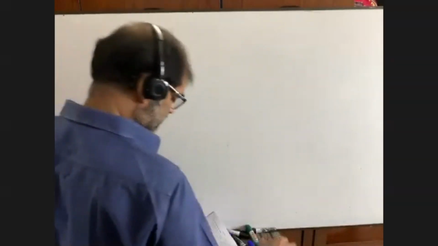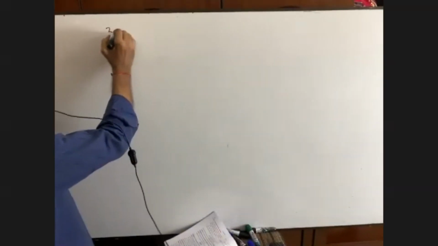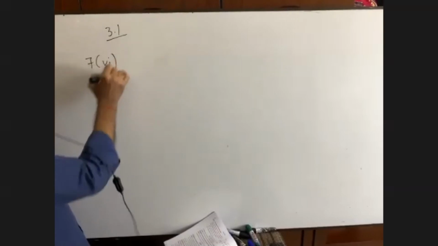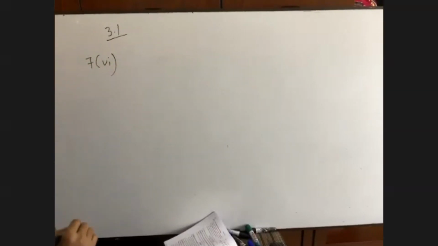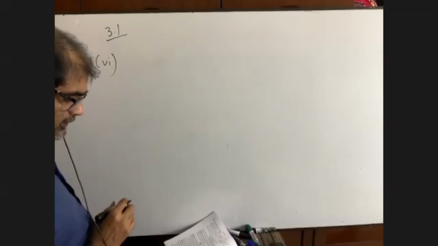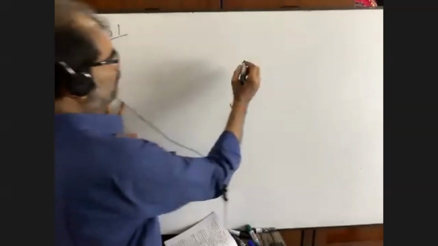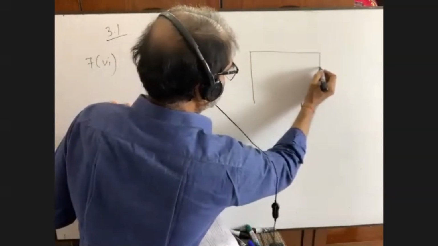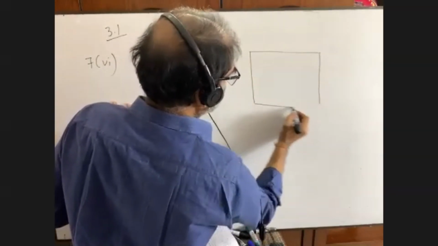You see, I am going to exercise 3.1 again, just to show a math of a square. 7, 6. I know that you can do it. You have to show the points. 1, 3, suppose it is a square. Pay attention. It is a square.